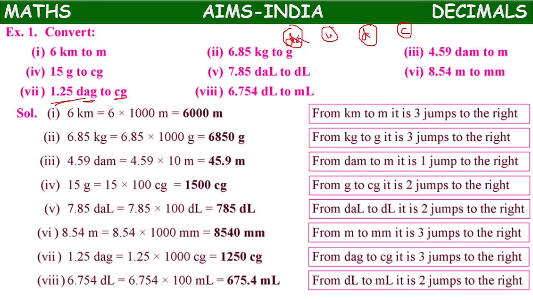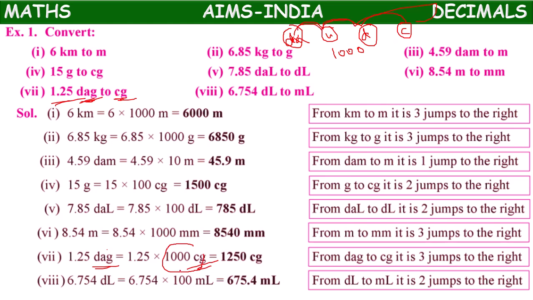Now they are asking us to change from deca to centi. Deca to centi means higher to lower. Means 1 step, 2 step, 3 steps. Means with 1000 we have to multiply. So 1 decagram equal to 1000 centigram, because we are jumping 3 steps.